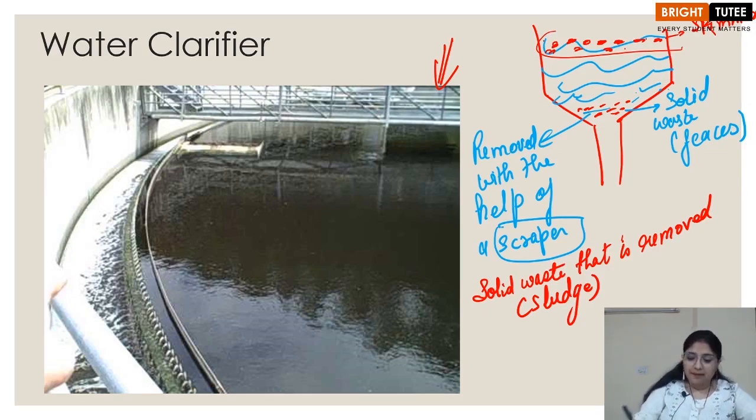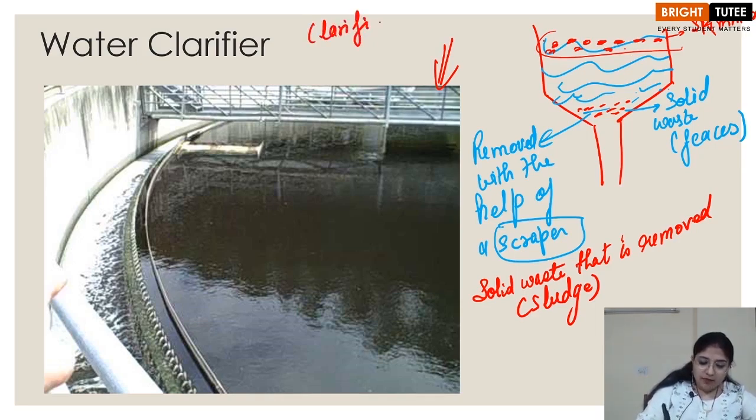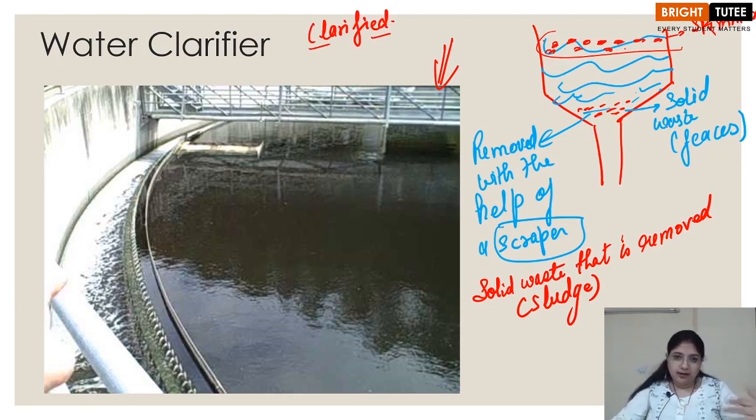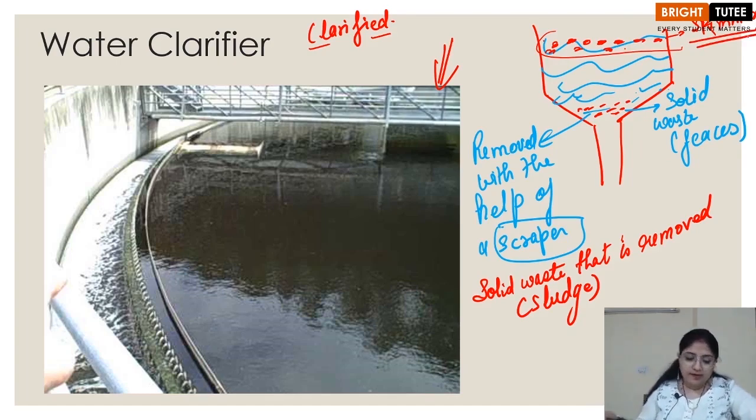Once this has happened, the water obtained is called the clarified water, right? Because it gets cleared of all the solid waste, which settles and forms sludge, and anything which floats up onto the surface is removed with the help of the skimmer. Like I said, the sludge is then transferred into a separate tank where it is decomposed, and the gas that is released is used as biogas, and it acts as a fuel.